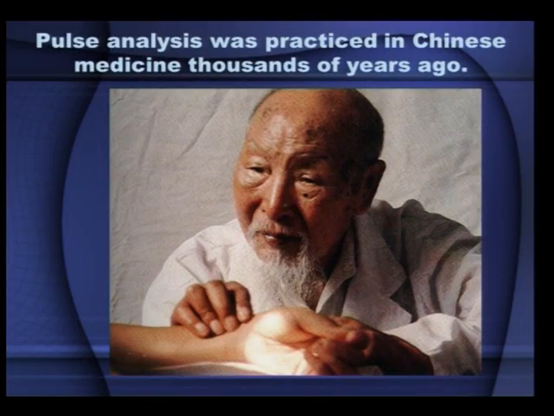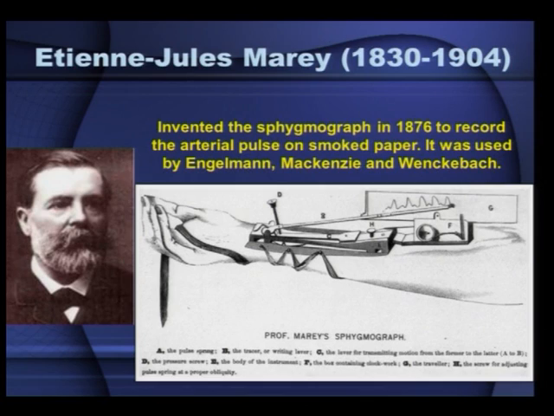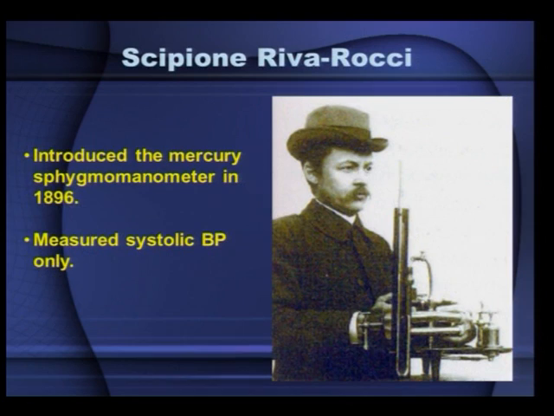The ancient Indian and Chinese medicine, thousands of years ago, we have Hakims who, just by putting their hands on the pulse, would be able to say what disease the person has. And then Jules Marey invented a sphygmograph to record the arterial pulse on smoked paper. So that was the beginning of arterial pulse tracings.